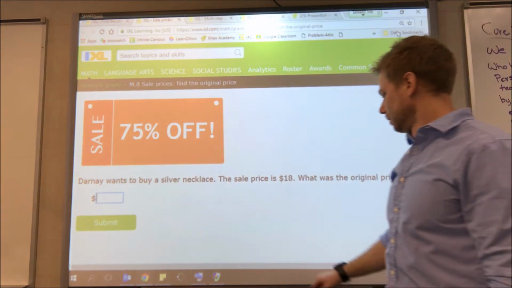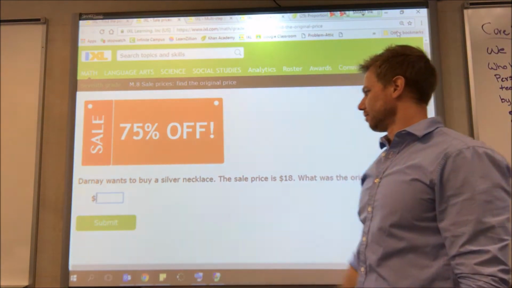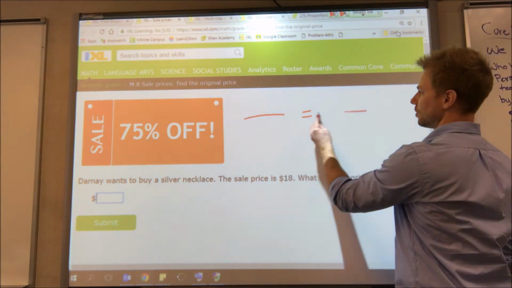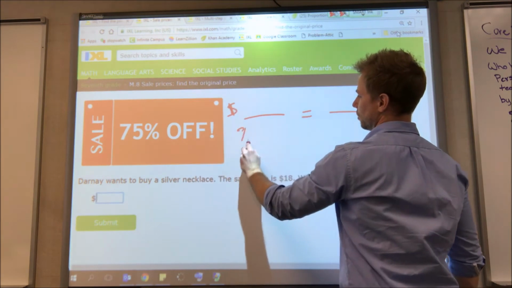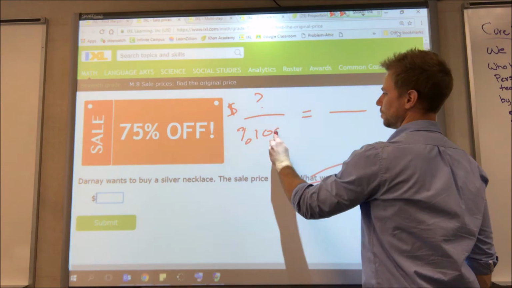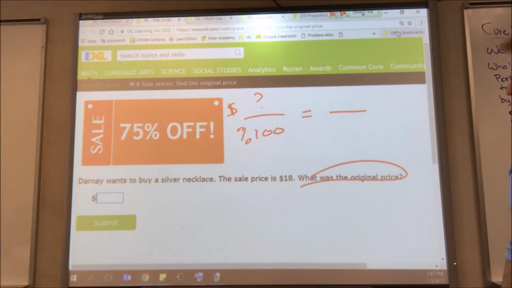And one more, we have 75% off. Buying a silver necklace, the sale price is $18. What is the original price? So again, our question mark is with 100% because we're trying to find that original price.